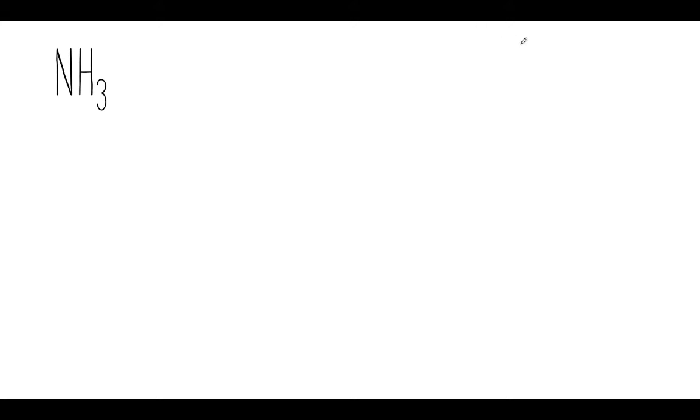So in order for me to see how many valence electrons each of these elements has, I just have to take a look at my periodic table. Nitrogen is in group 15, which means it has 5 valence electrons. There's only one of the nitrogen, which means that it only contributes 5 electrons.